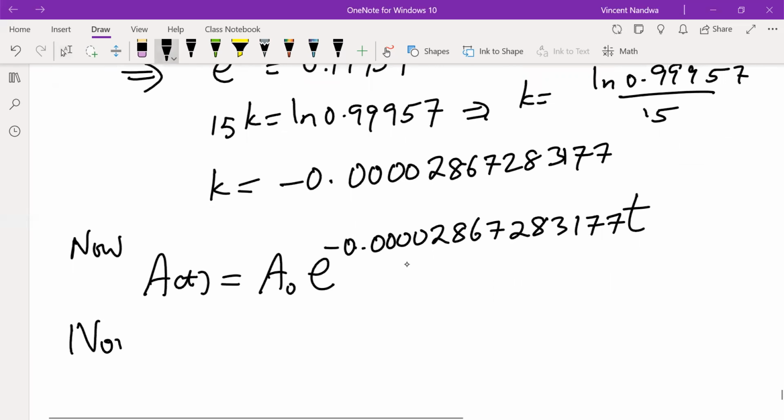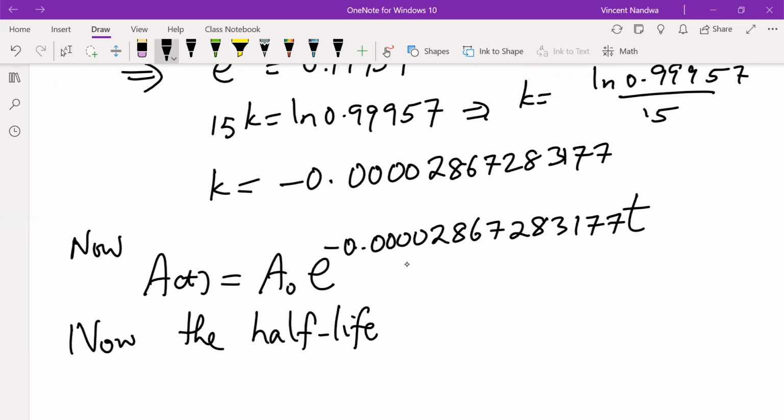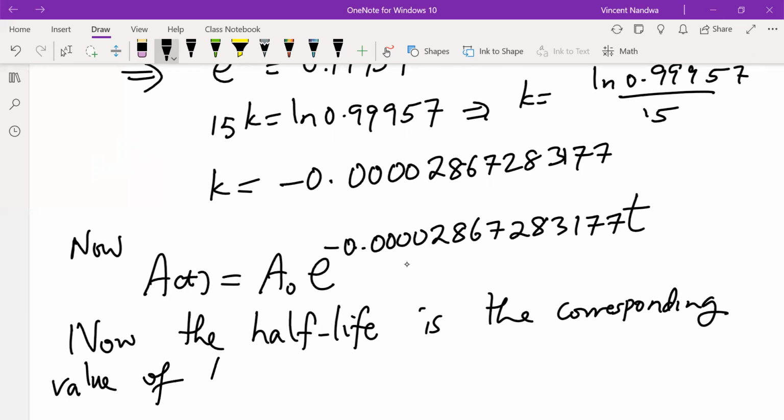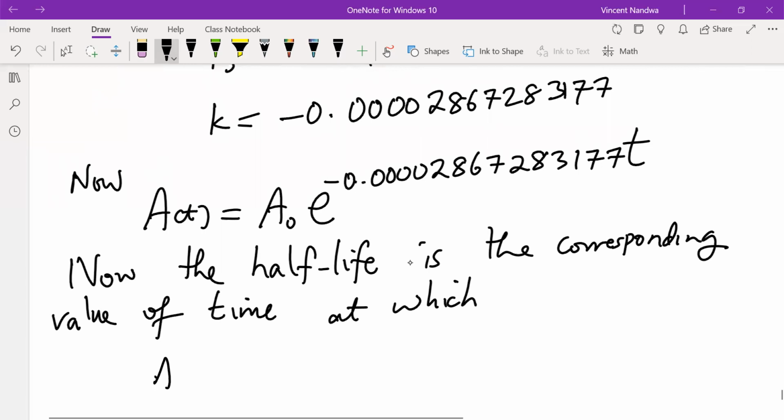Now, the half-life is the corresponding value of time at which A of t should be a half of the original value.